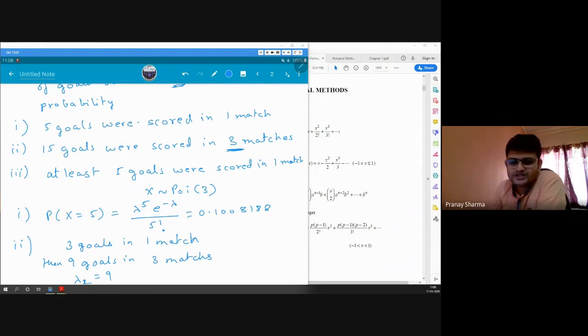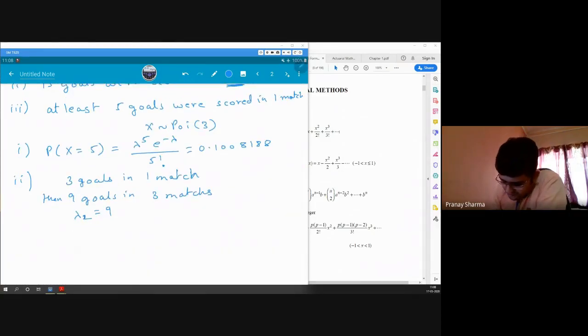Now this is called a Poisson process. What happens is we just multiply with whatever time we are going to get. So let's say we are sitting at a bus stop and averagely we see 5 buses per hour. So how many buses will we see in 5 hours? Averagely we'll say 5 into 5, 25 buses.